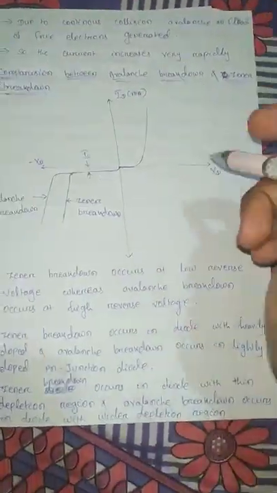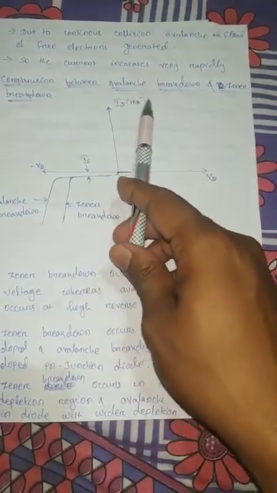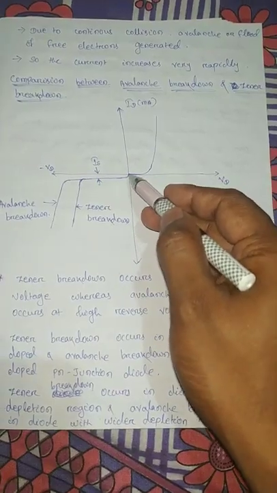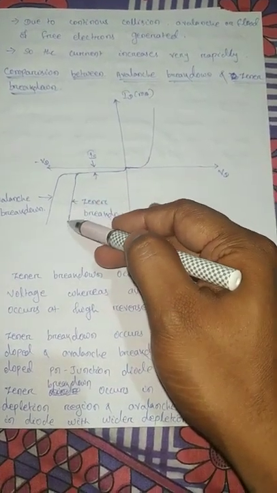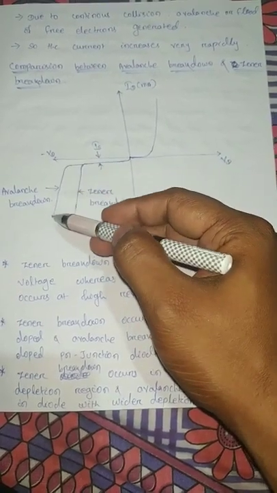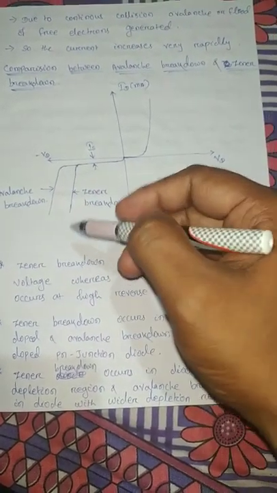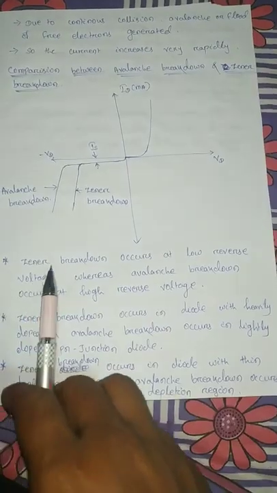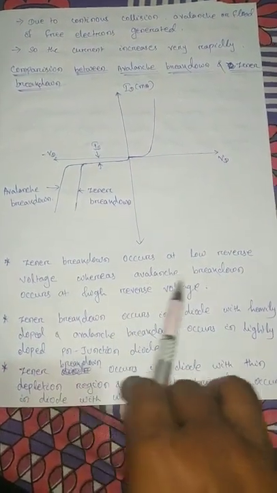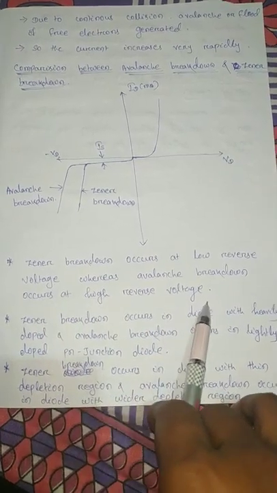Now we compare these two mechanisms, that is, the comparison between avalanche breakdown and Zener breakdown. The first difference is that Zener breakdown occurs at low reverse voltage, whereas avalanche breakdown occurs at high reverse voltage.